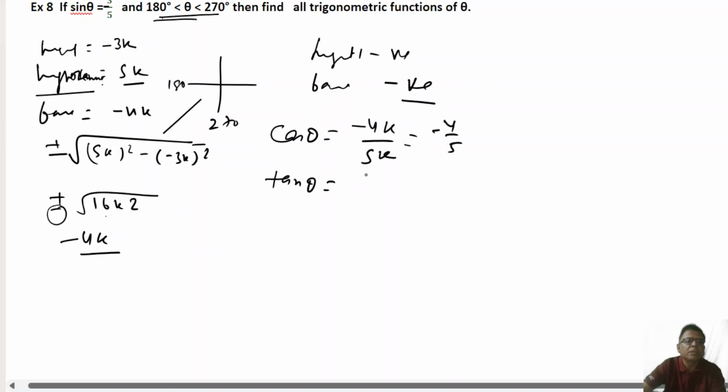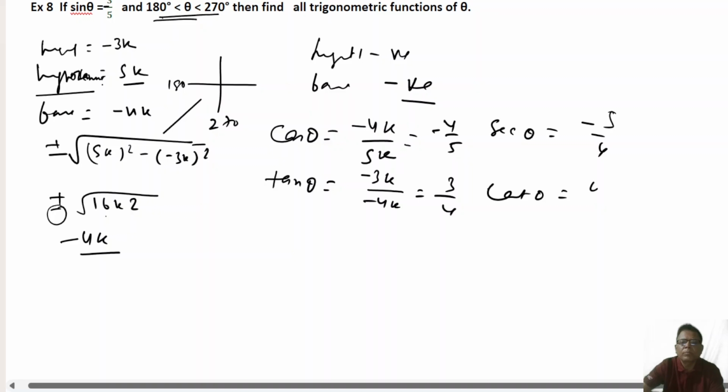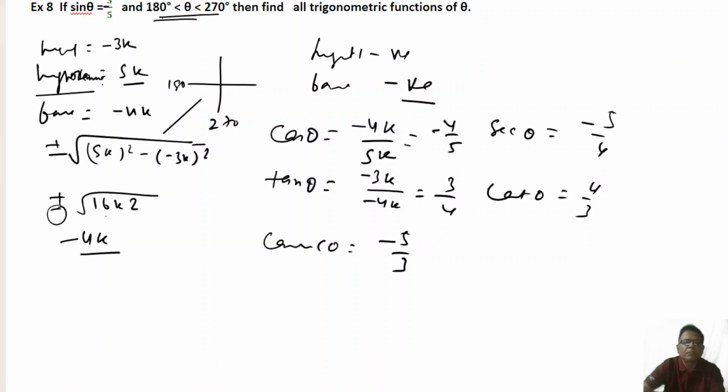So height is minus 3k, base is minus 4k. So tan theta is equal to 3 by 4. Now sec theta is just the reciprocal: minus 5 by 4. Cot theta is just the reciprocal: 4 by 3. And cosec theta is the reciprocal of sin theta: minus 5 by 3.